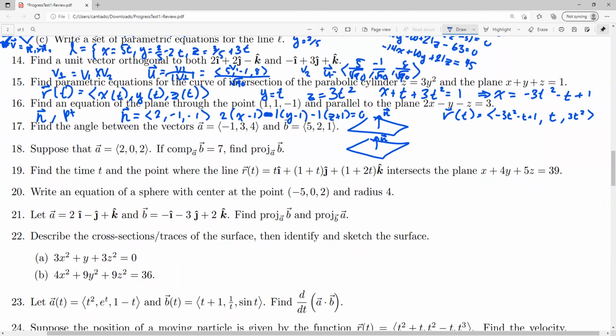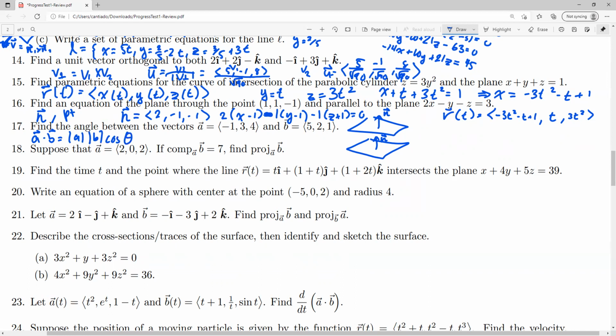I believe you have a few options to do this, but probably the easiest formula is the geometric definition of a dot product. The dot product of A dot B, the geometric definition, is the magnitude of A times the magnitude of B cosine theta, with theta being the angle between these two vectors.